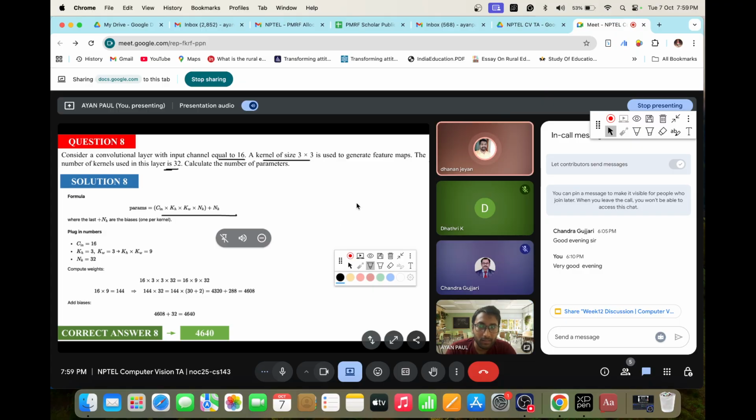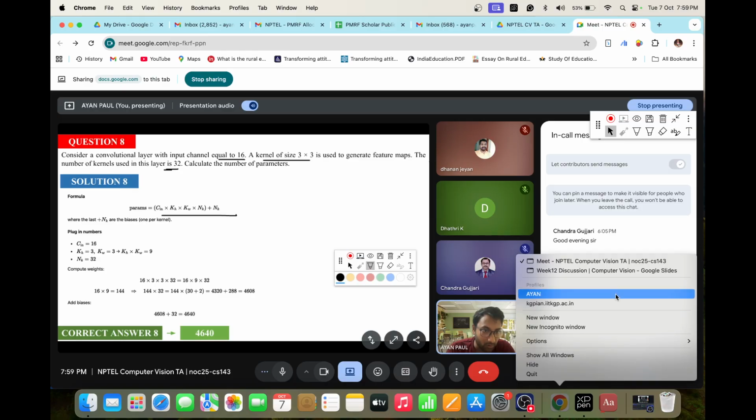In the assignment part they ask trainable parameters. Both are the same, sir? Yeah, parameters mean trainable parameters only, including biases. If it is excluding biases, does any formula change? Yeah, nk should not be there. Let me show you.